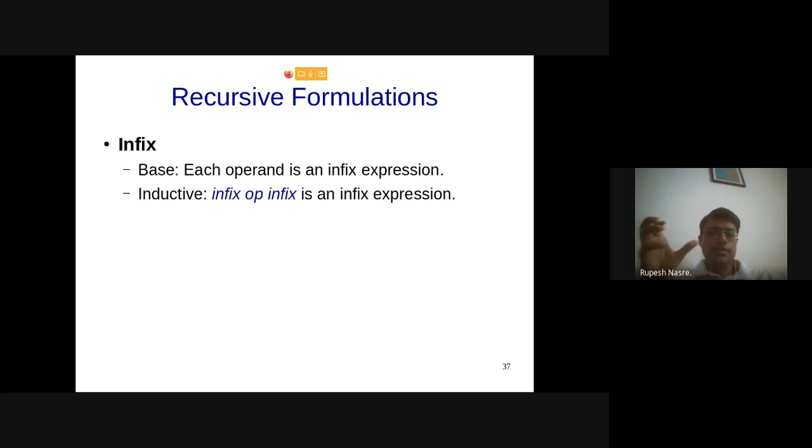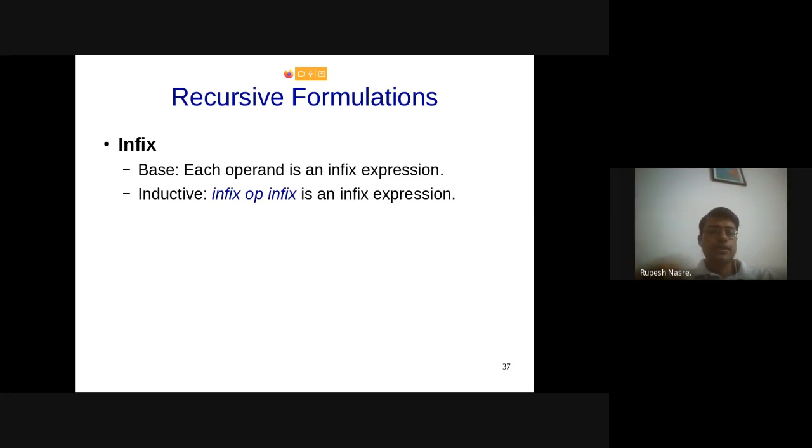In the recursive formulation, we have the base case and the inductive case. The base case says that each operand is an infix expression. So each variable, each number, is an infix expression. That is the base case.